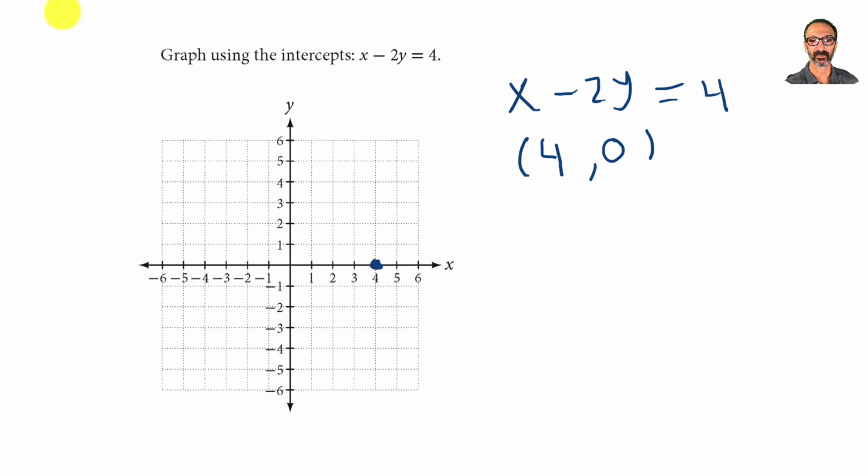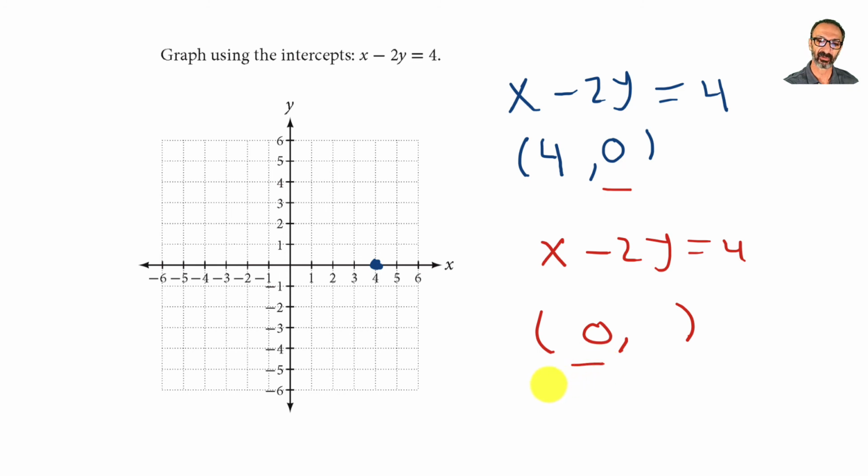Now on the other hand, x minus 2y equals 4, and I want to find the y-intercept. Once you put 0 for y, and once you put 0 for x, that will cover both points, the x-intercept and the y-intercept.